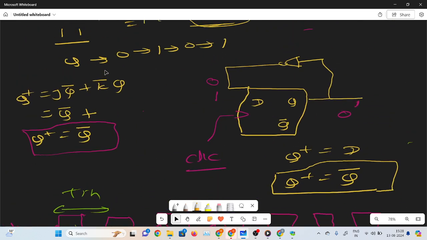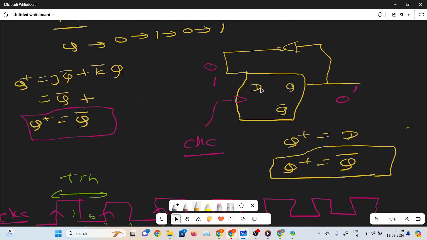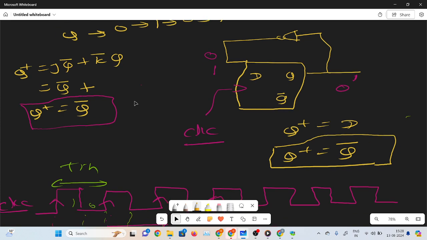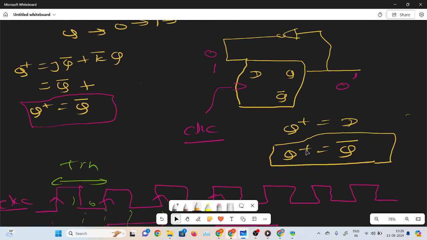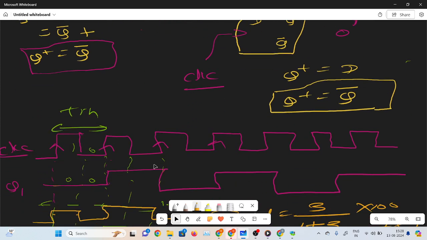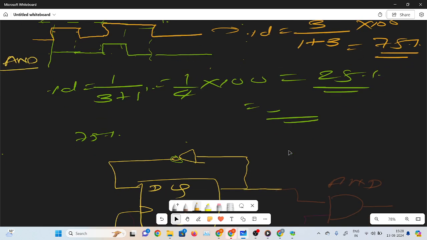So here I designed the F by 2 circuit with 50% duty cycle. I explained the toggle mode, but you don't need to explain the toggle mode in front of the interviewer unless he asks you to. Otherwise, directly make this circuit, write the equation of the toggle mode, draw the waveform, and find the 50% duty cycle.